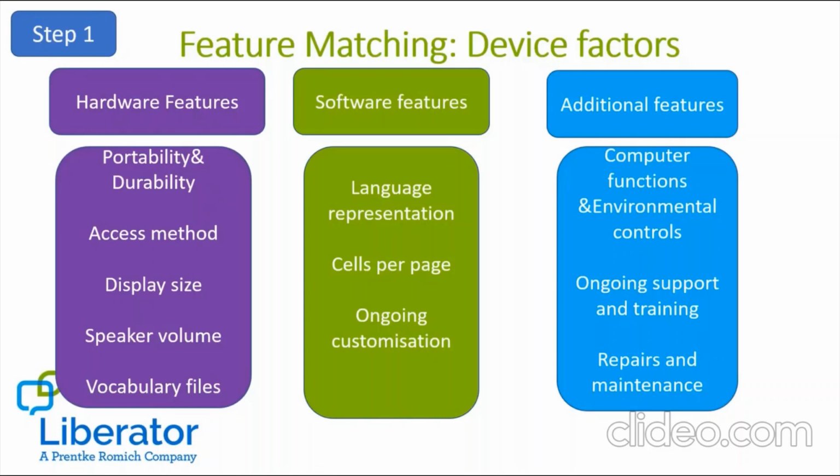For example, they might want a device that allows them to control environmental controls, like turning lights on and off, or controlling air conditioning, controlling the TV. So this means that you'll need to investigate a device such as the Accent device, which supports this type of feature.